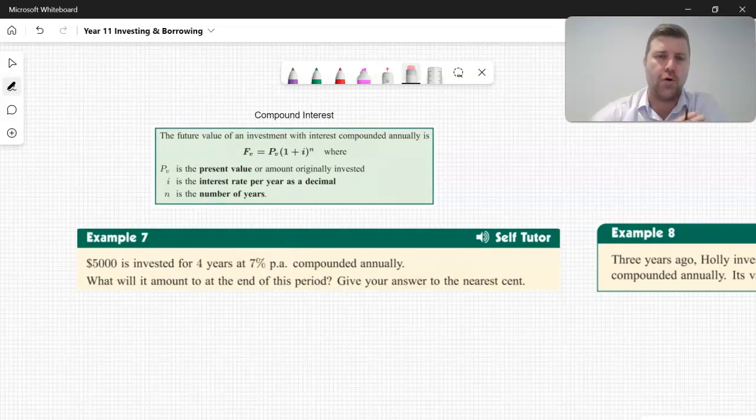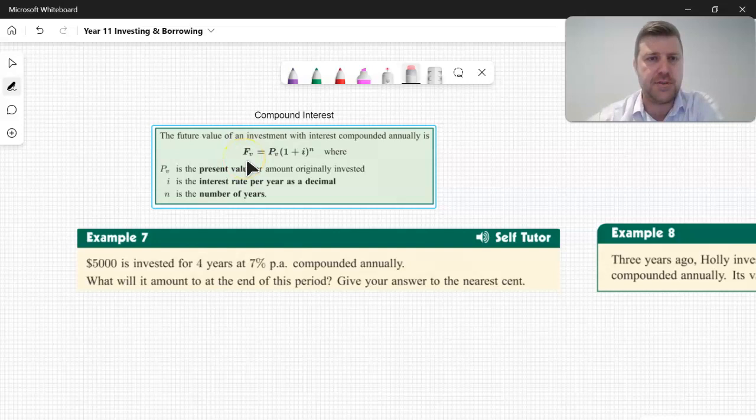They all sort of do the same thing, but the formula I'm using is from the Hazy textbook, and it says FV, which is the future value, is equal to PV, which is the present value, multiplied by 1 plus i to the power of n. i is the interest rate per year as a decimal, so convert that to a decimal by dividing by 100, and n in this case is the number of years, or the number of periods. Today we're looking at a period being a year, compounded yearly.